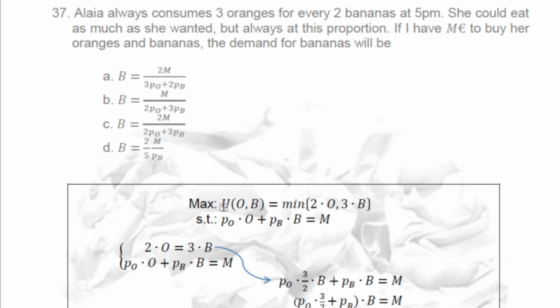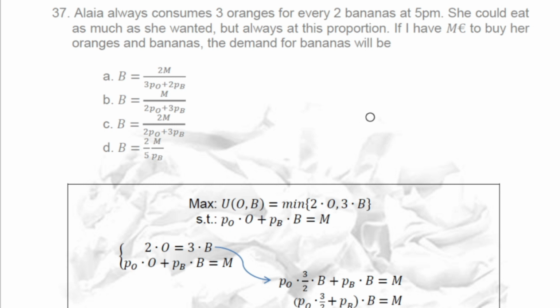Maximize the utility of oranges and bananas, meaning min{2o, 3b}. Why? Because this number 3 I carry as the coefficient of b, and this 2 I carry as the coefficient of o. I usually explain in class why this is like this.